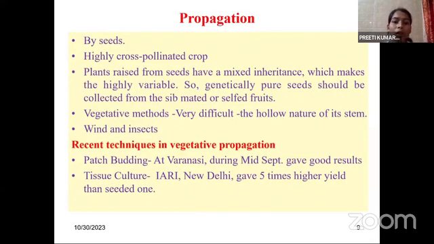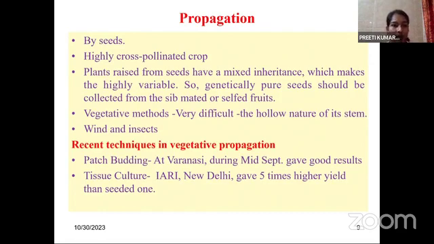So moving to propagation, it is by seeds. As we all have seen, papaya has black seeds. When we have some papaya, we cut it and extract the seeds, dry them in the sun, and after that we go to the next propagation step.